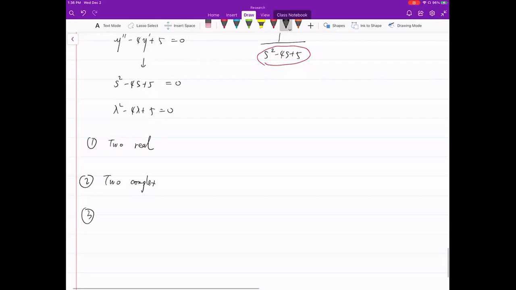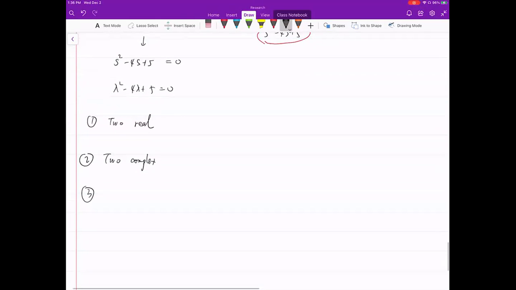And moreover, you have the generalized case, where you have one repeated root. That's where you have the generalized and the exponential one.